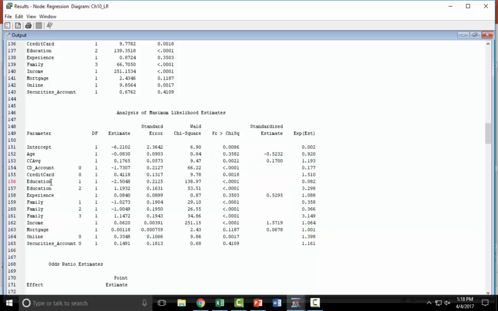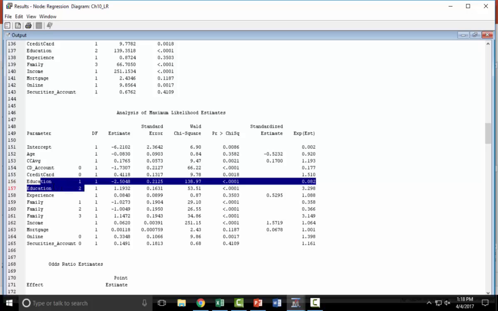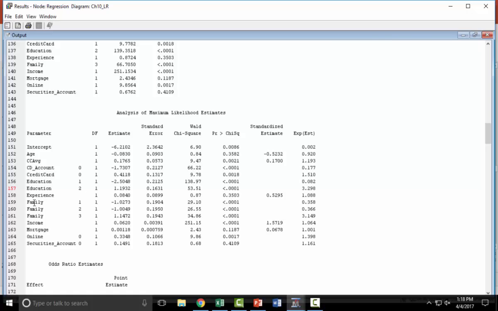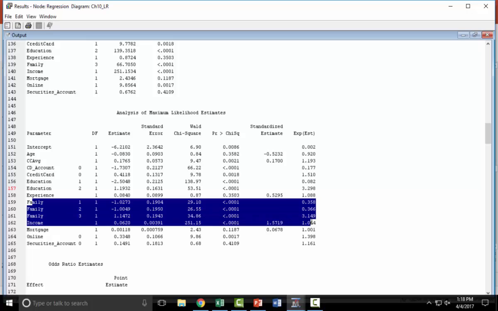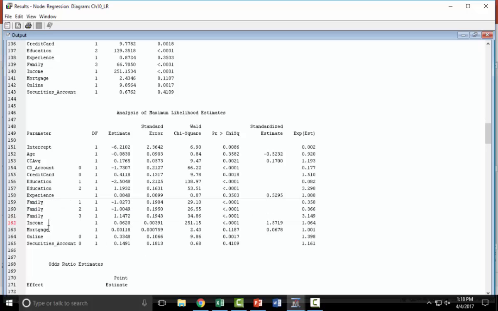So you see education was ordinal, so it created 2 dummy variables, leaving out 3. So we have 1, 2, and 3. So 3 is the basis. Okay. Family had 4 values, 1, 2, 3, 4. So we have 3 dummy variables, and income, mortgage, and the rest of it.